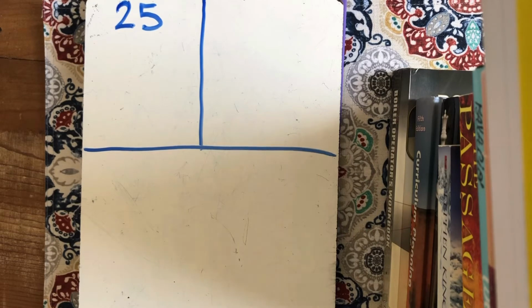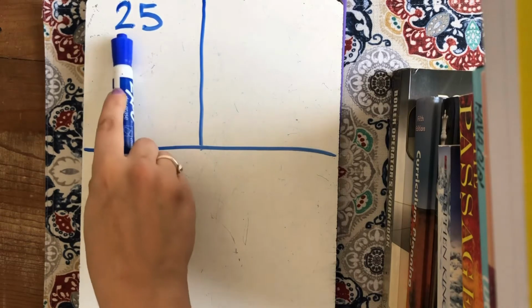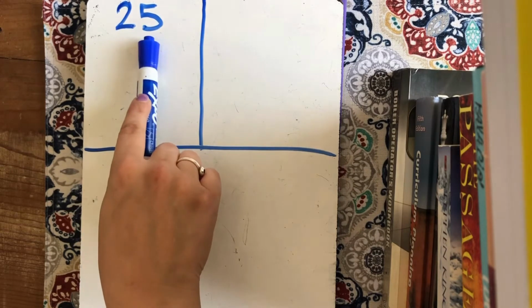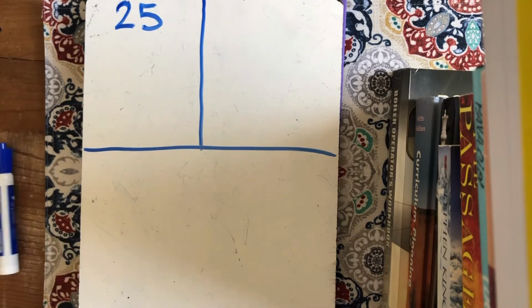So I'm going to use resources that I have at home to show what the number 25 looks like. So the 25 has how many tens? 2 tens, good job. And then how many ones? 5 ones, because we're breaking it down into that place value.